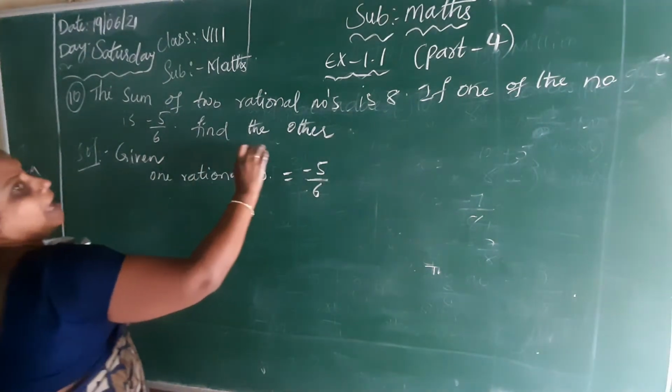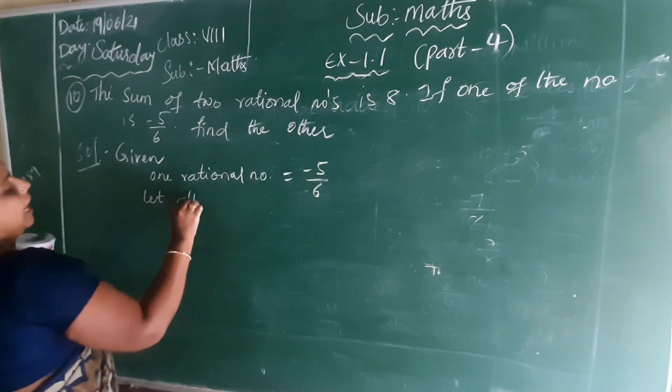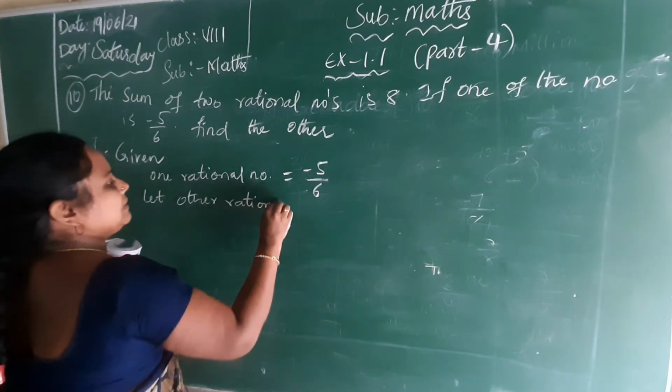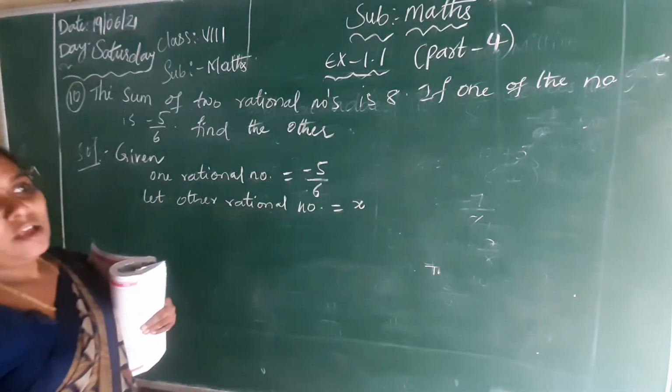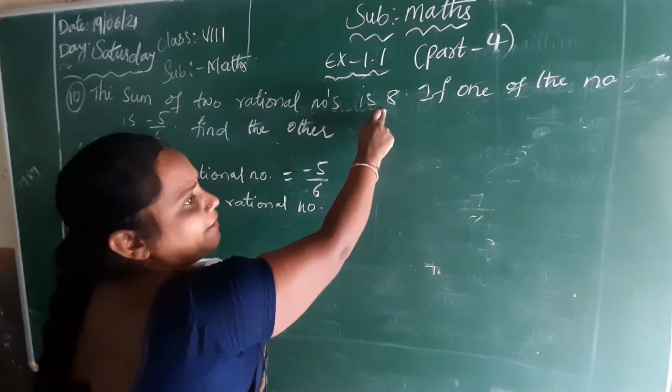So find the other rational number. Let the other rational number be x. If we add these two rational numbers, the answer should be 8.